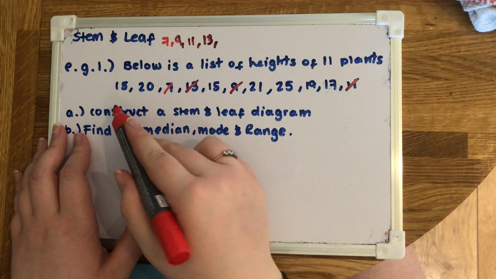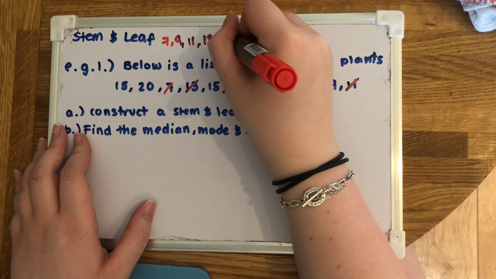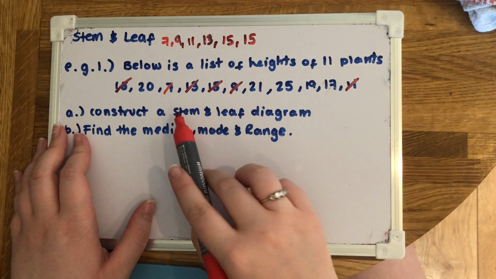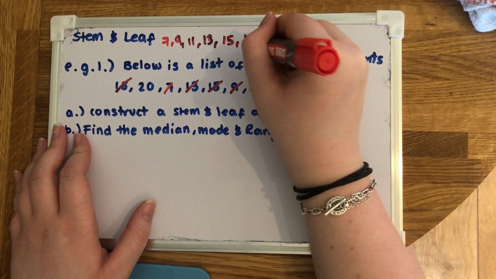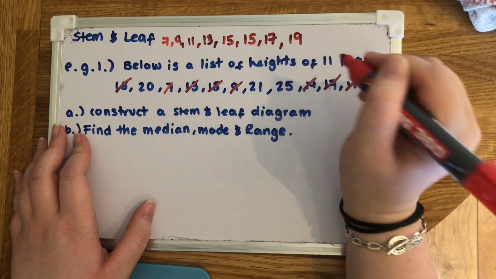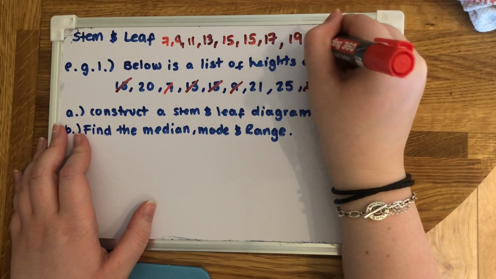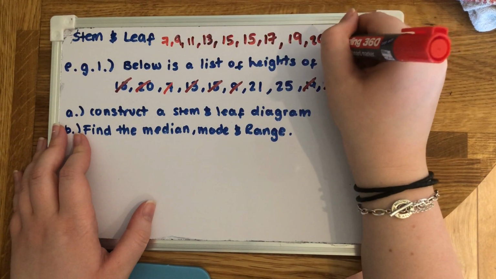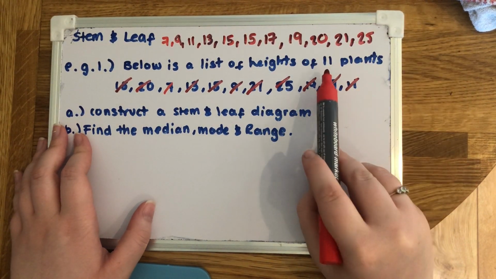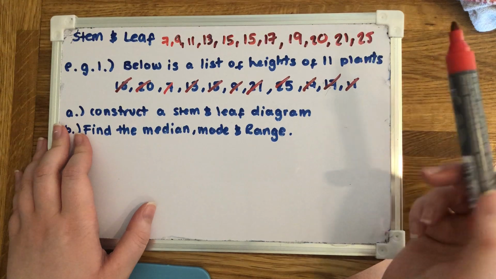And then there's 2 15s. And then 17, 19, 20, 21 and 25.